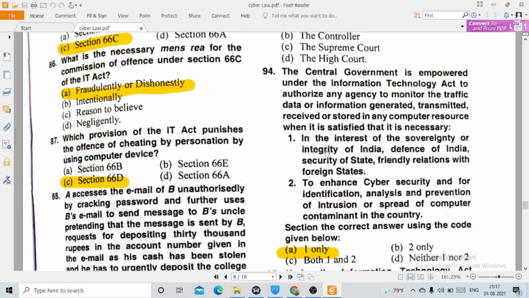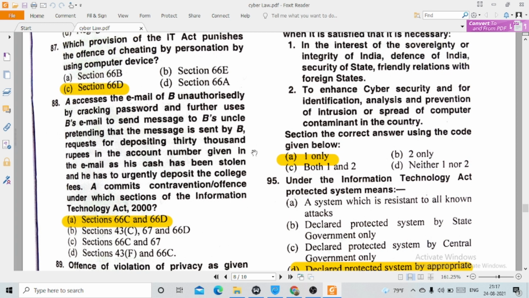Which provision of the IT Act punishes the offence of cheating by personation by using a computer device? It is option C, Section 66D. A accesses the email of B unauthorizedly by cracking the password and further uses B's email to send a message to B's uncle, pretending that the message is sent by B, requesting him to deposit 30,000 rupees in the account number given in the email as his cash has been stolen and he has to urgently deposit the college fees.